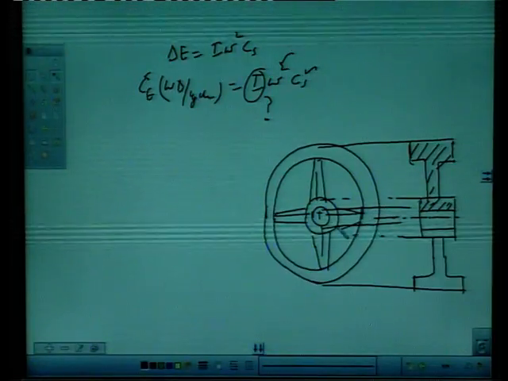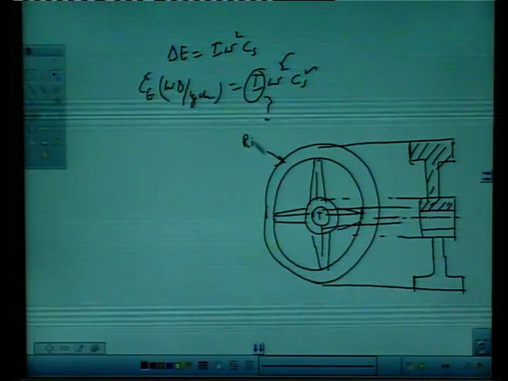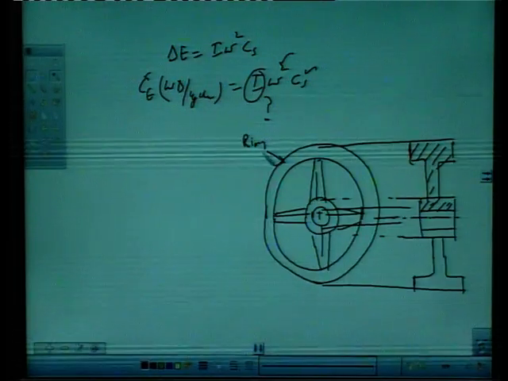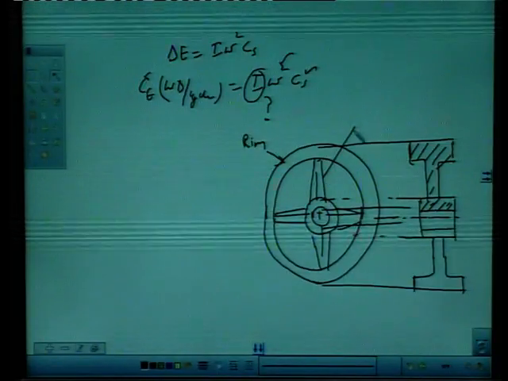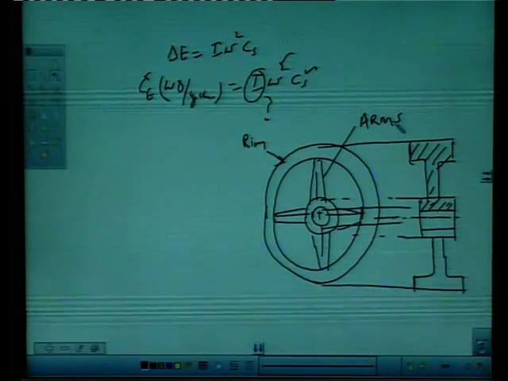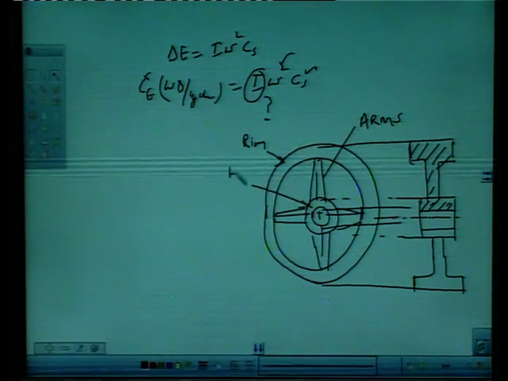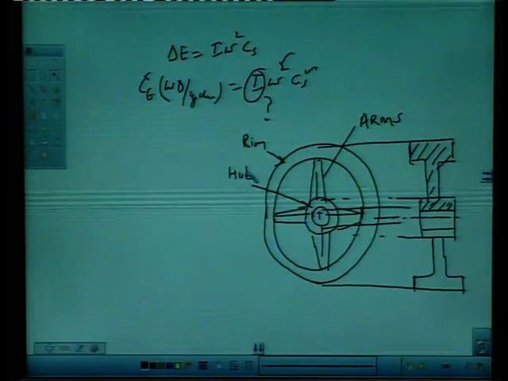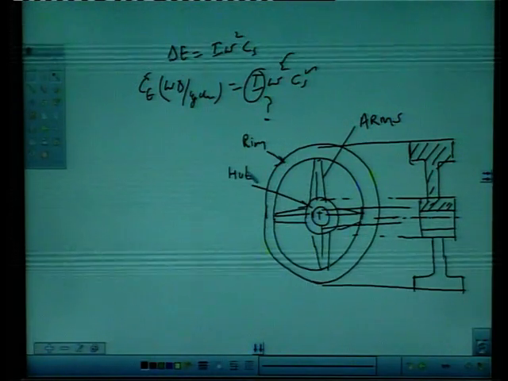You have this kind of flywheel in which this is called a rim, these are arms, and this is the hub. Now, this I is provided by the three components of the flywheel.